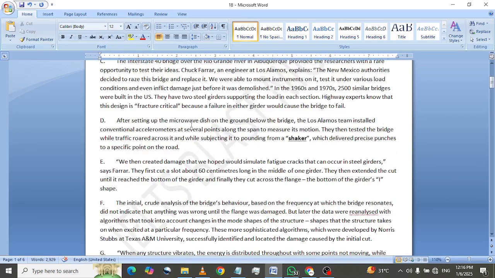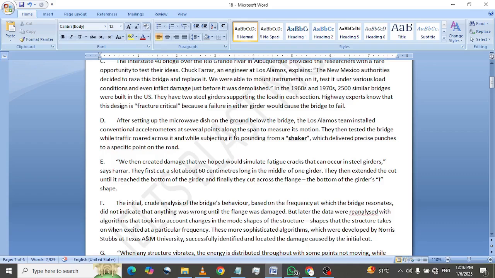They said after setting up the microwave dish on the ground below the bridge, the Alamos team installed conventional accelerometers at several points along the span to measure its what? Motion.